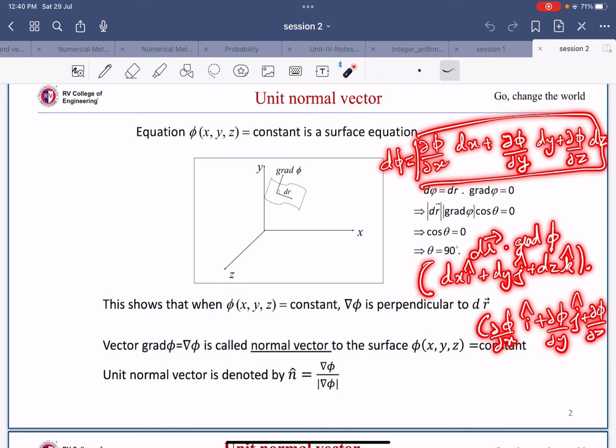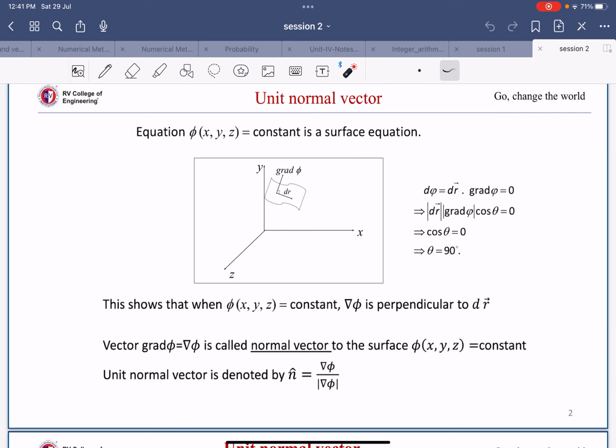So when I consider the dot product of these two, we get dr dot grad phi, which is equal to dou phi by dou x dx plus dou phi by dou y dy plus dou phi by dou z dz, which is equal to 0.